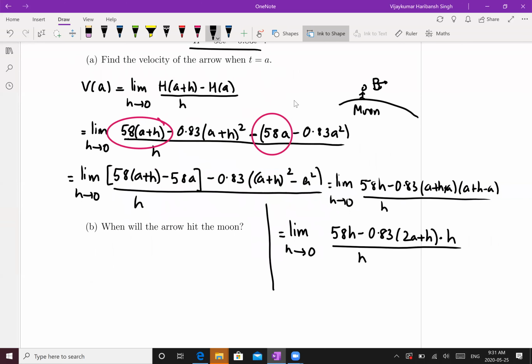You take it out, cancel it, so you get the limit as h goes to 0 of 58 minus 0.83 times (2a plus h). And now you can let h go to 0, so you get 58 minus 0.83 times 2a. So this is your answer.